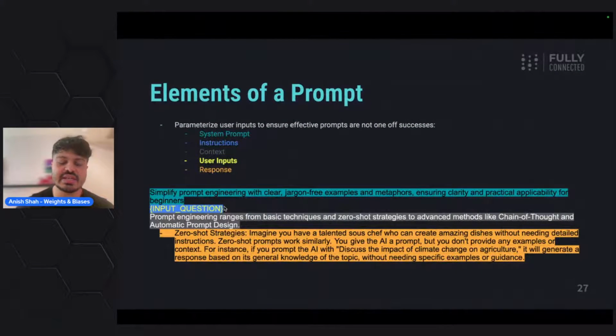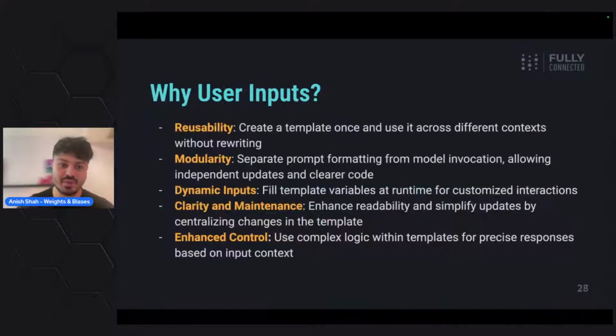We can use things such as F-strings or Jinja templates to templatize this now effective prompt we've curated to ensure that we can dynamically pass in questions from users. Luckily, with F-strings and Jinja templates, this is very straightforward to do.